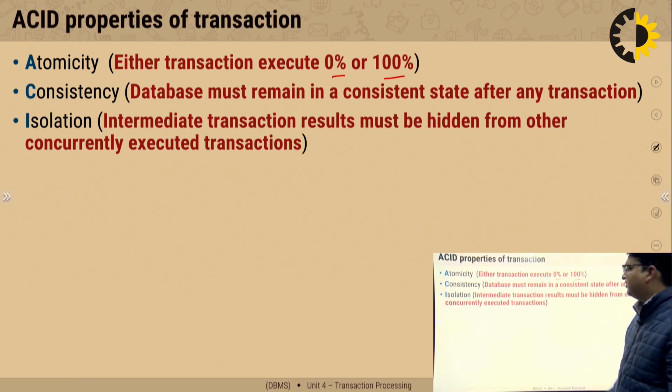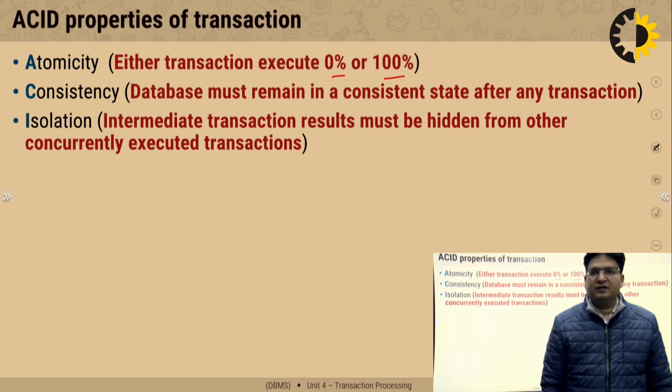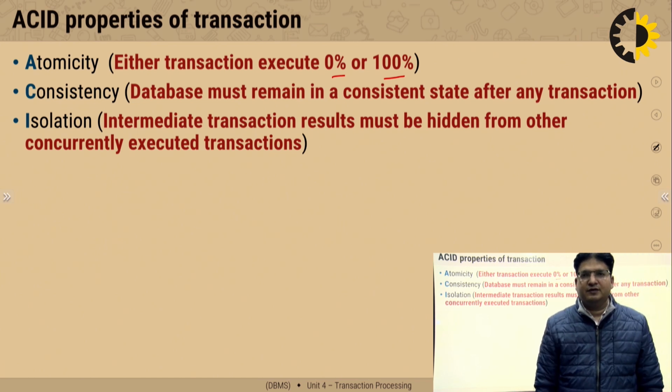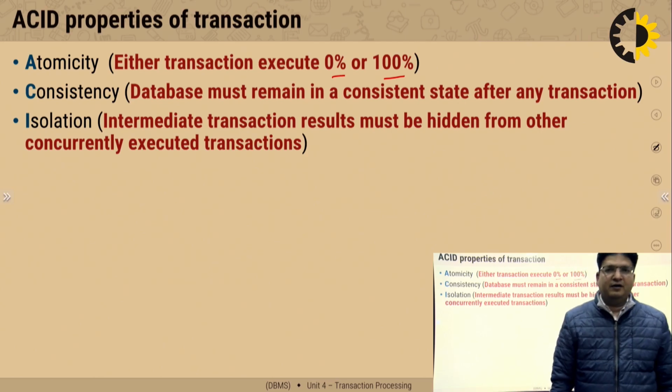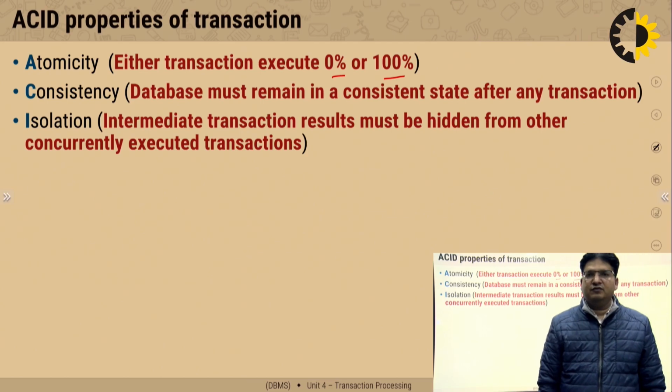Whereas in serial execution, we need not maintain the property of isolation, it is automatically maintained. Since only one transaction is executing at a time, there is no other transaction to interfere in its working. But in parallel execution, we need to synchronize things so that the transactions do not interfere in the working of each other.